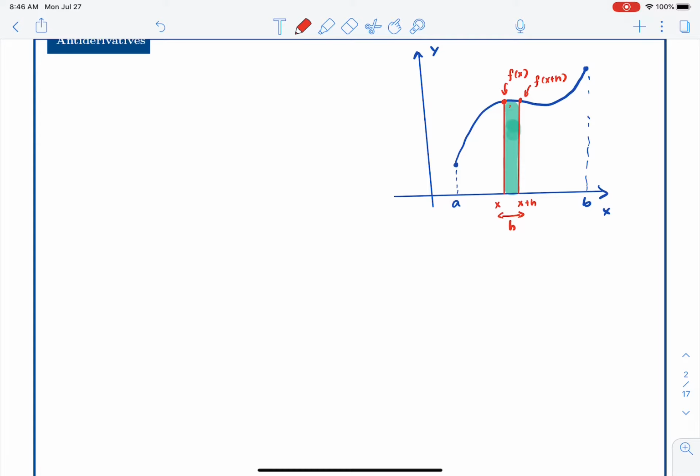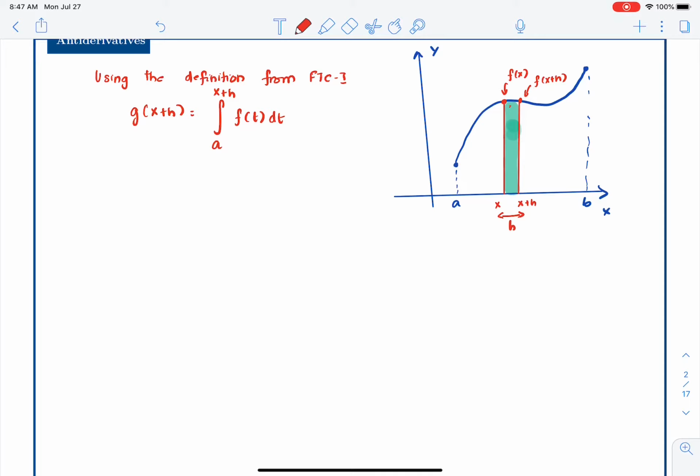And keep in mind, we can find that area either using the left endpoint or the right endpoint. So, using the definition from FTC 1, the Fundamental Theorem of Calculus 1, I could write g of x plus h as the integral from a to x plus h of f of t dt.